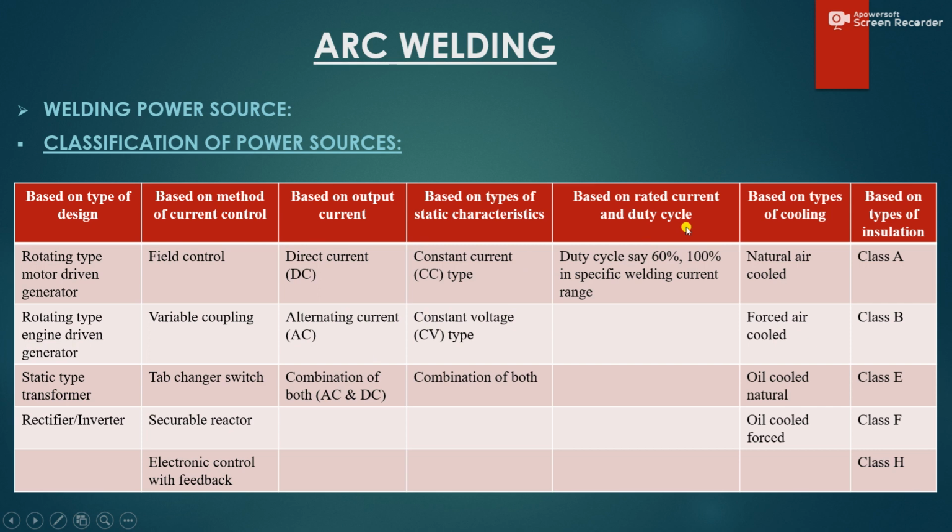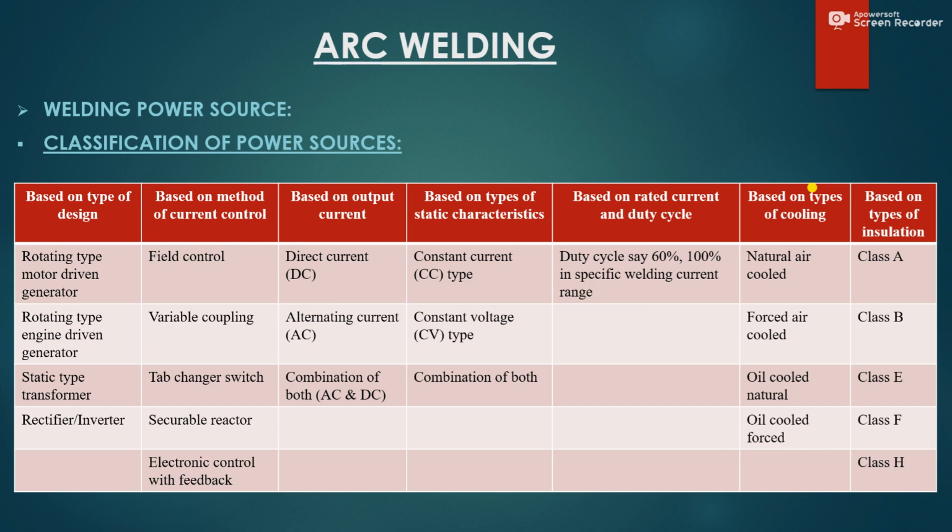Based on rated current and duty cycle, such as a duty cycle of 60% and 100% in a specific welding current range. Based on types of cooling, which is also a very important thing, because after the welding is completed, the workpieces will be very hot. In order to carry out the welding, some portion of the metal pieces which are supposed to be welded has to be melted, and because melting is involved, you have to generate a high amount of heat to reach that temperature.